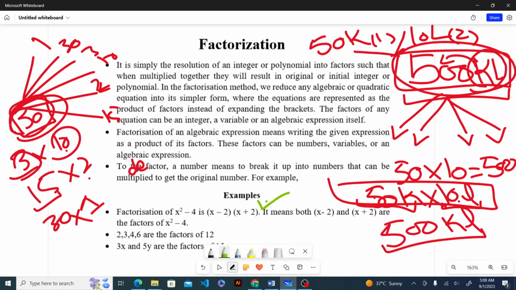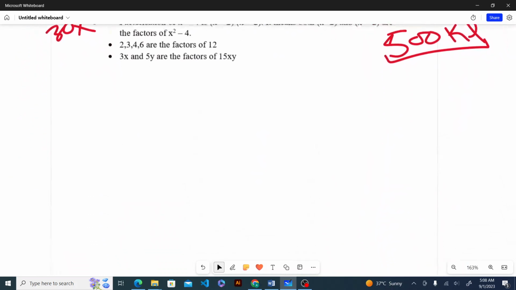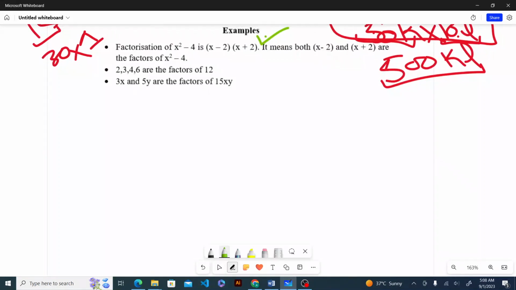After the concept of factorization, we have next the examples. Some examples I have here for you, such as x square minus 4.